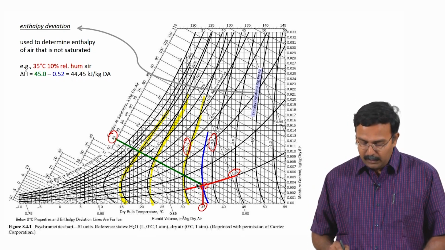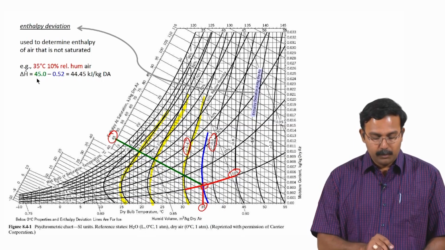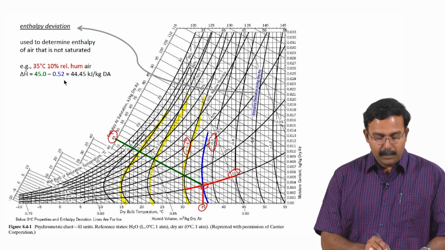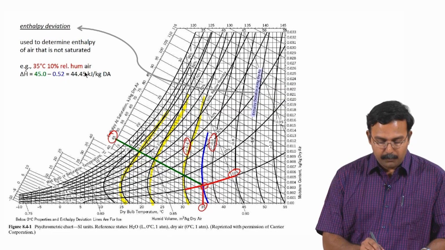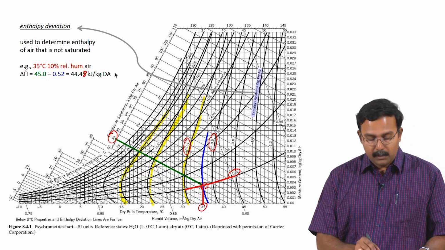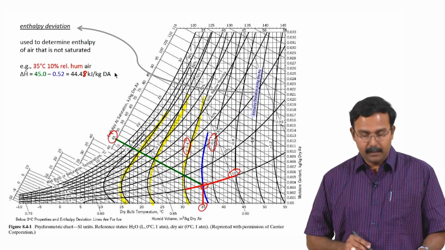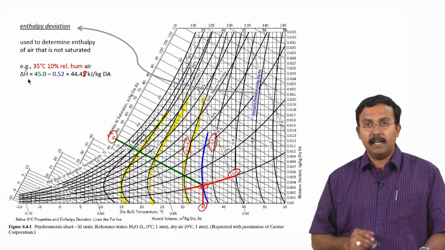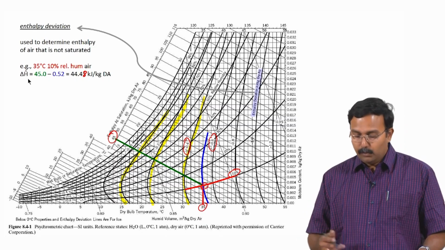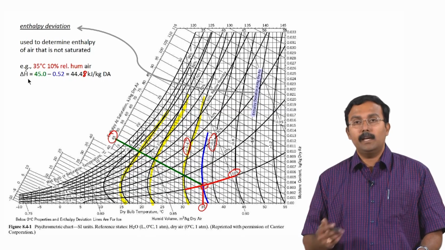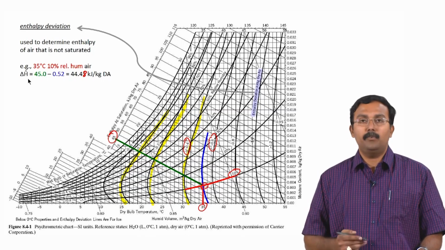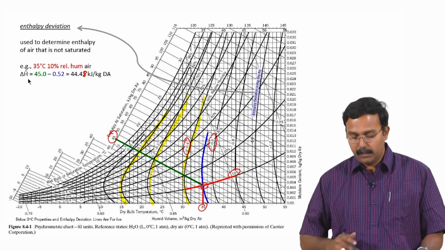So this was identified to be minus 0.52. So it would be 45 minus 0.52, which is 44.48 kilojoules per kilogram of dry air, not 45. So this would be the delta H cap. So this gives you the way you can actually get specific enthalpy for any air water mixture from this curve.